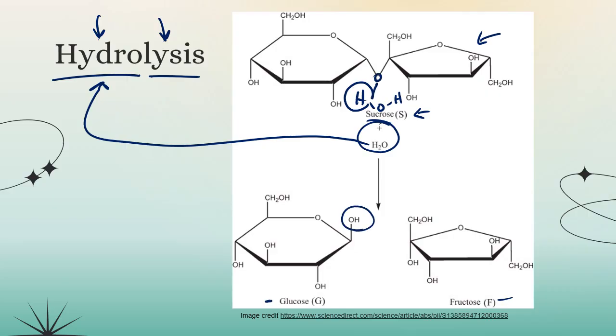And that's going to be this piece of glucose. This OH is going to stick onto this carbon right here, and that's this OH here on fructose. So we're going to split the water apart. We're going to use an H, and we're going to stick it onto one piece, OH stuck onto the other piece, and that is going to sever that chemical bond right there so that we have 2 separate pieces instead of one big piece.